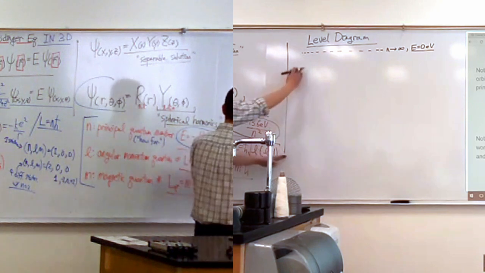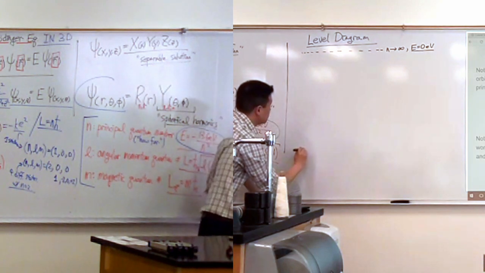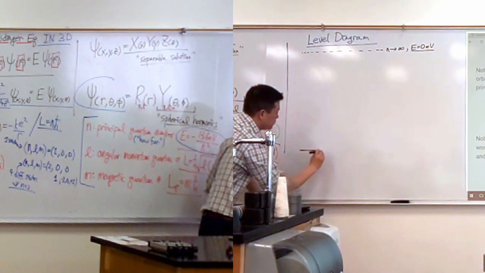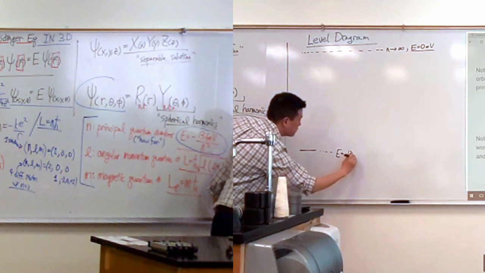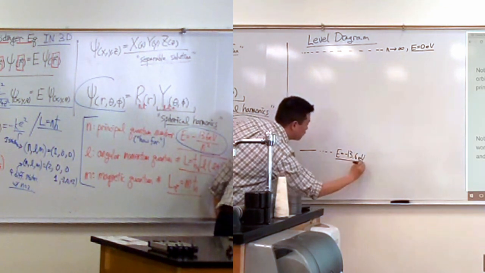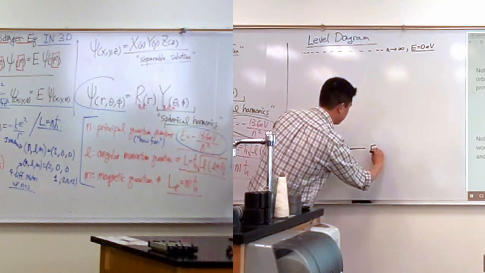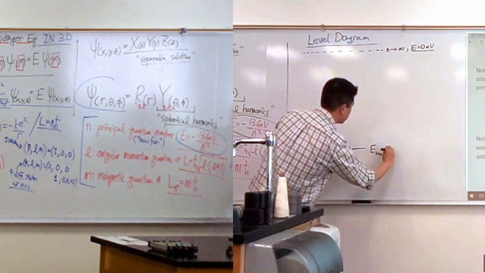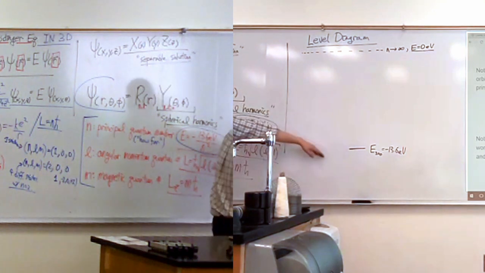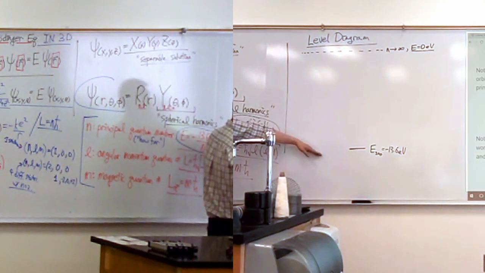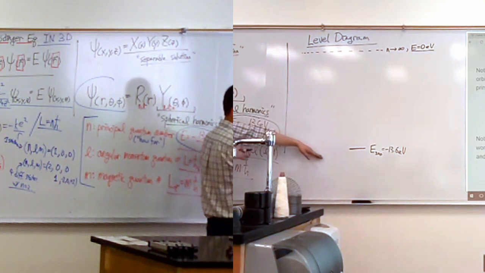And the very lowest energy state would correspond to E equals minus 13.6 eV for regular hydrogen. So E100 is equal to minus 13.6 eV. I'm going to only draw the next two values of n.